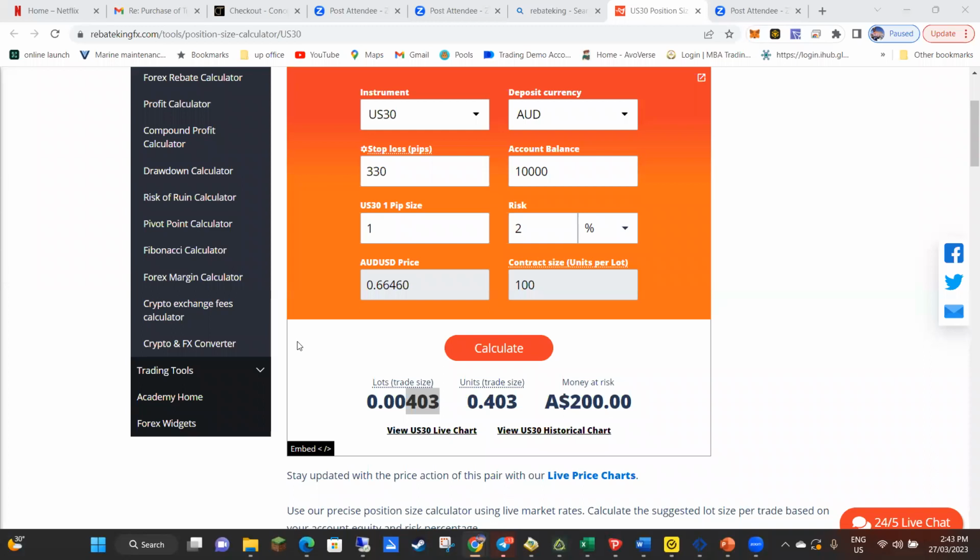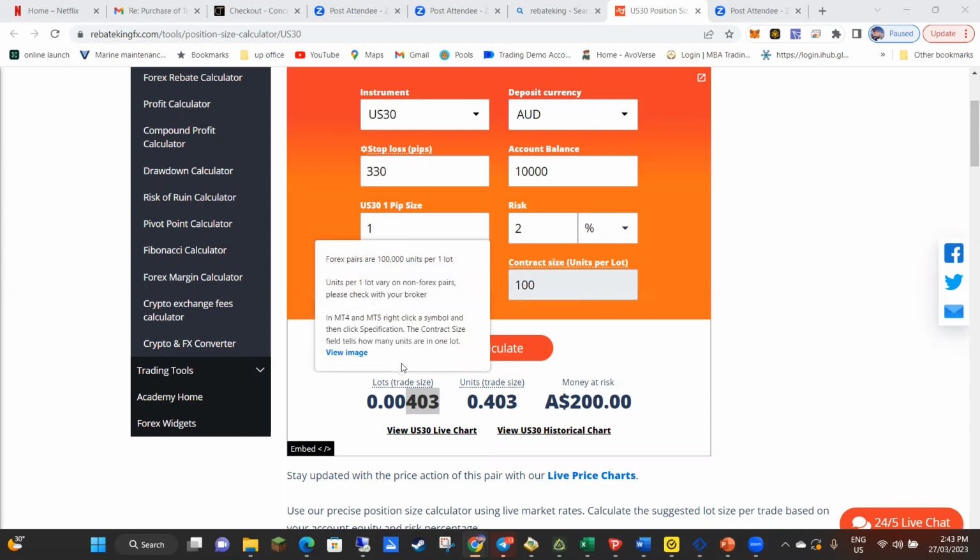So I'm just using a calculator on my phone, as I said, if I put in 0.01, which is the minimum lot size you can enter a trade on the MT4. And if I divide that by 0.00403, I'm going to get 2.481. Okay, so my risk is going to be 2.481 times larger than this, because that's how much more I'm going to have to enter.